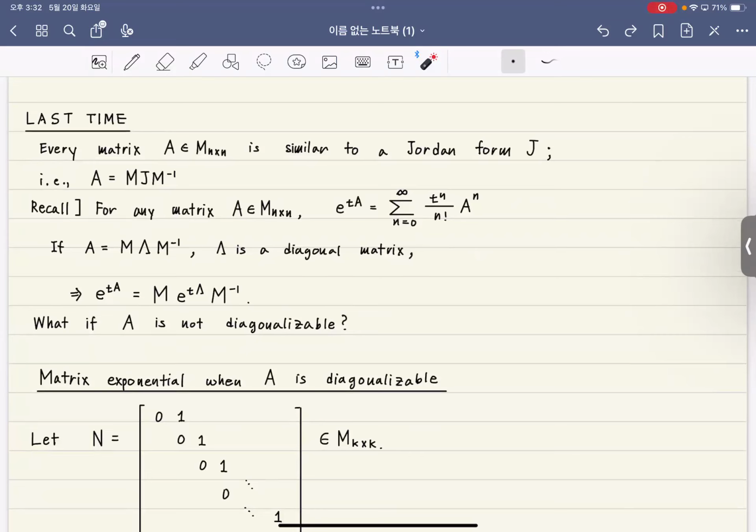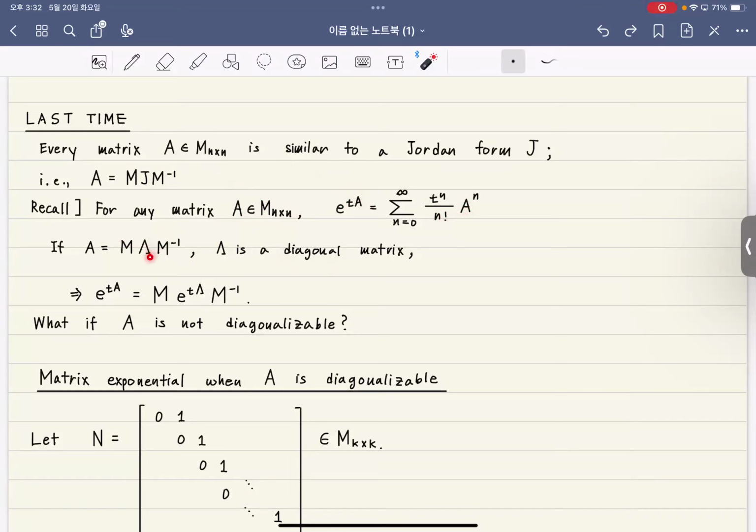We actually discussed a long time ago how to find the matrix exponential when the matrix A allows a diagonalization. A is an n by n matrix, and the matrix exponential e^(tA) is the summation of t^n over n factorial times A^n.